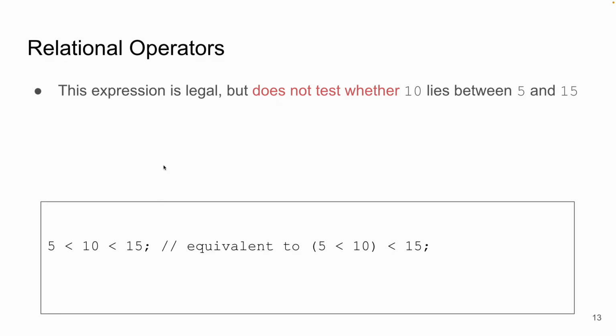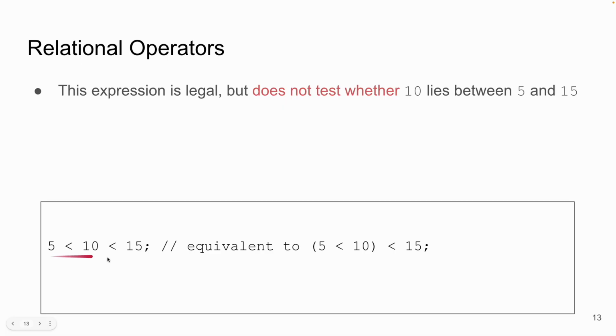In mathematics, if we write something like this, what we want to do is test if 10 is less than 15 and larger than 5, right? This is how we represent these meanings in mathematics. But that is not true for C.